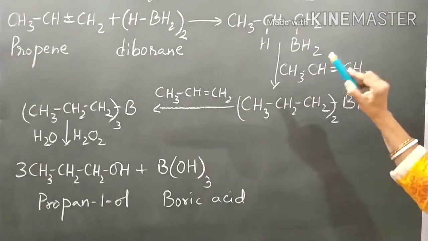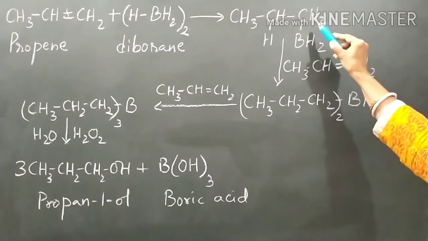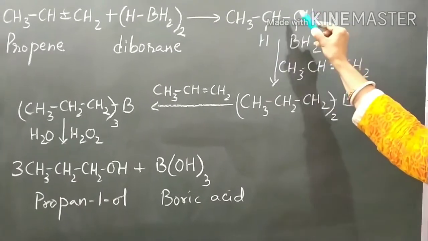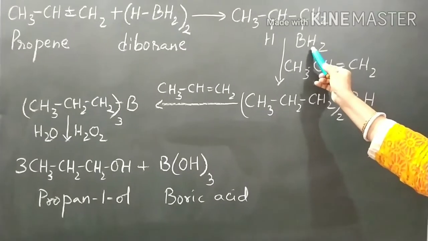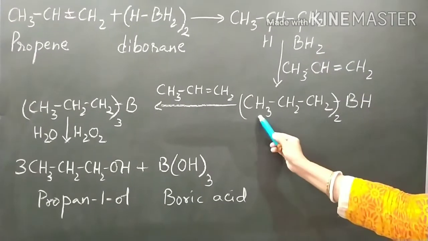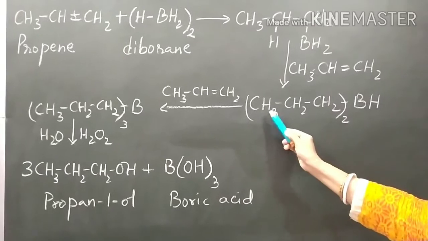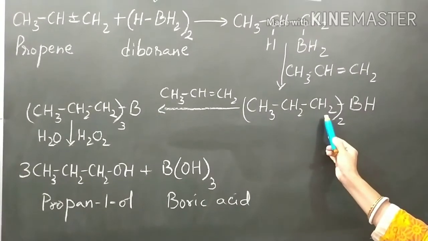Then again, when one more molecule of propene reacts with this addition product, we get a substituted product. One of the hydrogens of BH2 is substituted by this CH3, CH2, CH2 group.